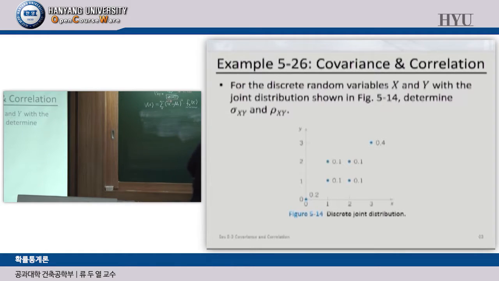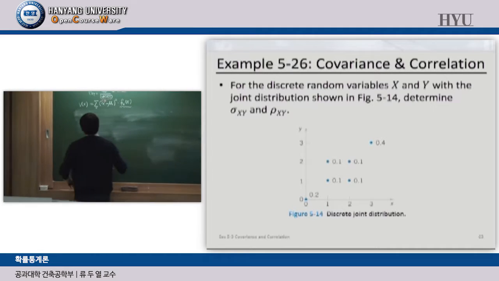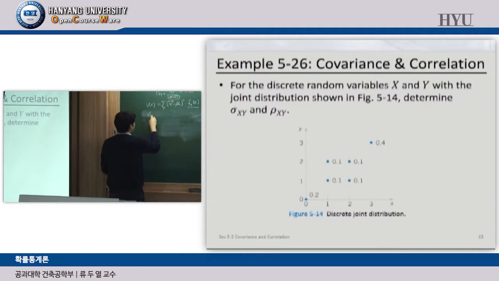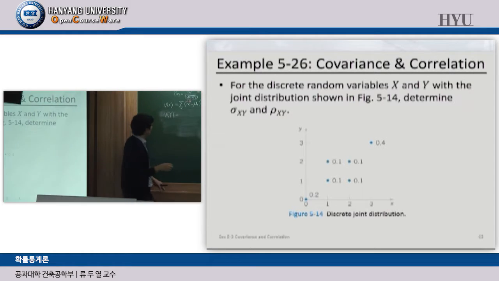And now we need to calculate the Vy, right? And this is also the summation over y of y minus mu y squared by the probability mass function of y, right? This is the identical formulation, but x is just changed to y, okay?